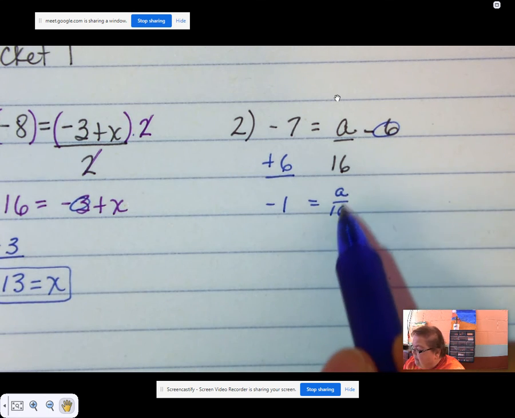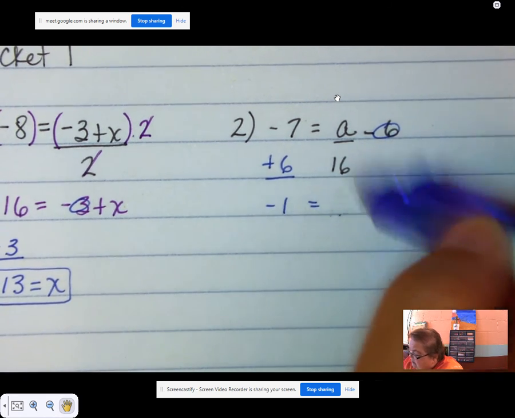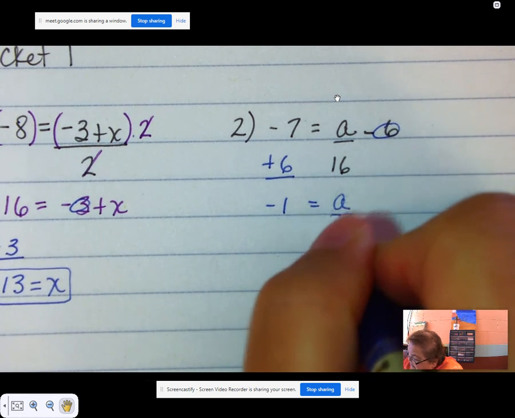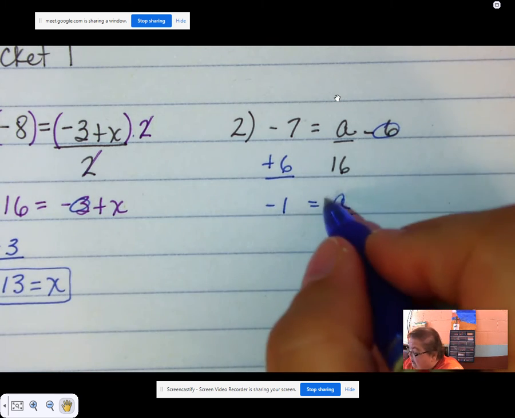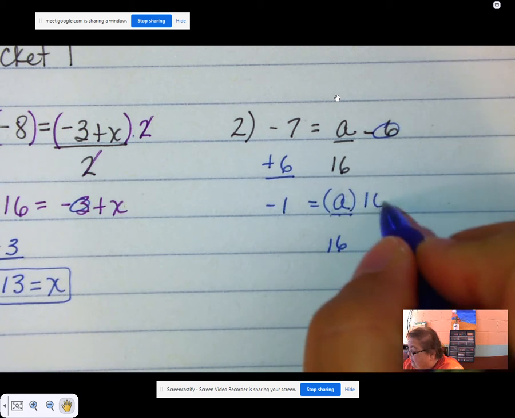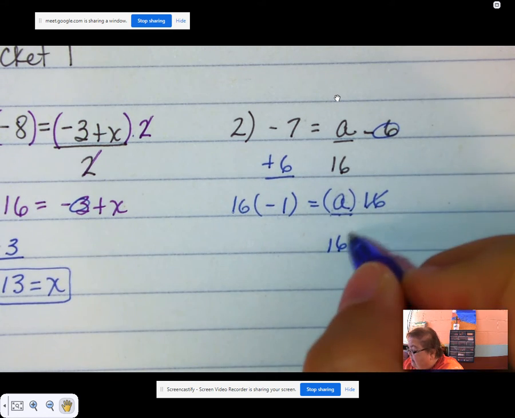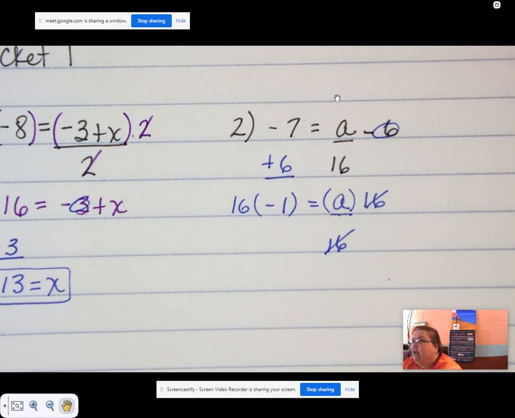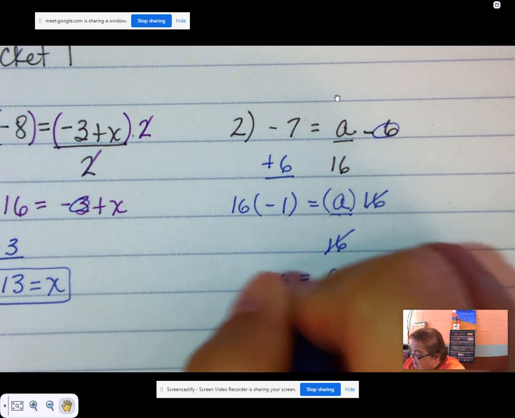And then the inverse of division is multiplication. Put parentheses around what's already there on both sides. Again, there's that positive 1 I don't need. And a equals negative 16.